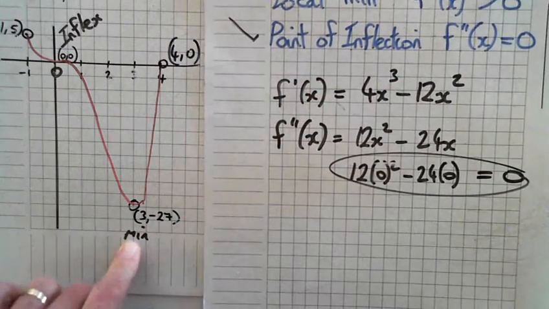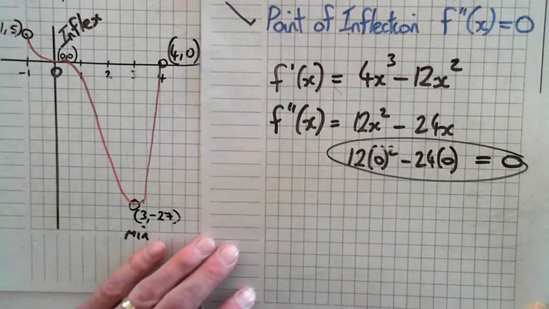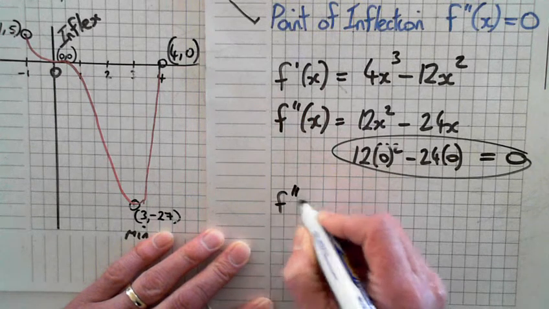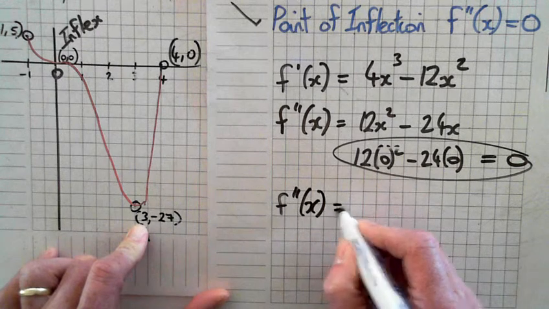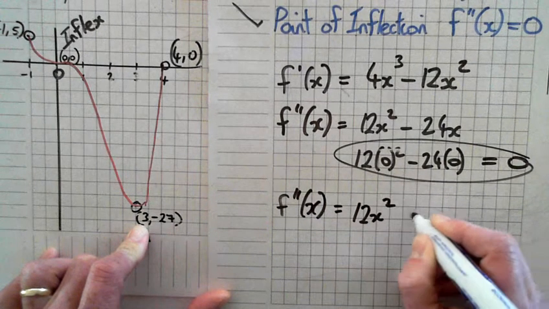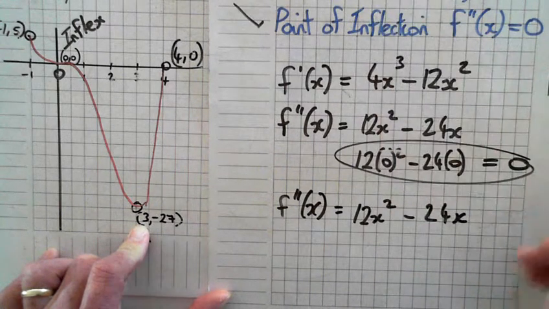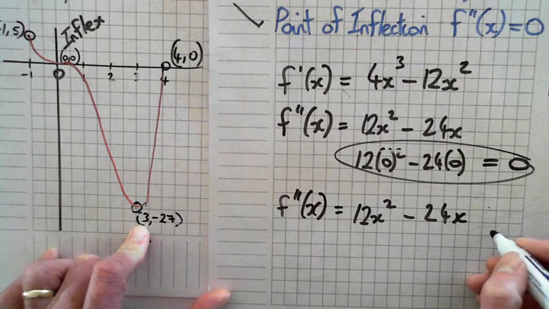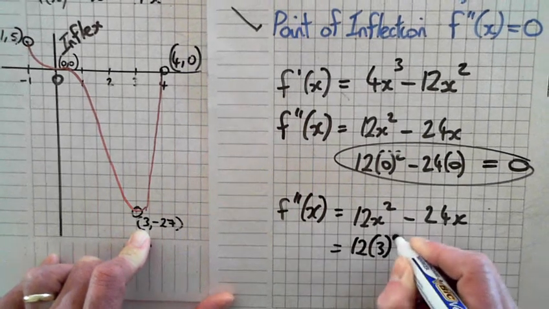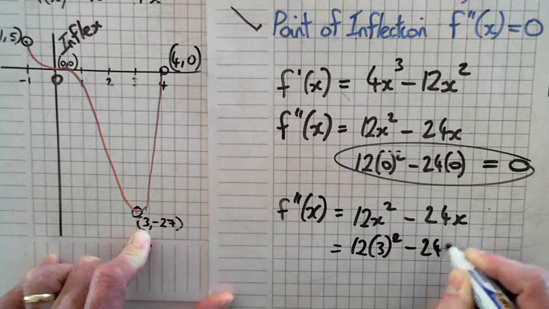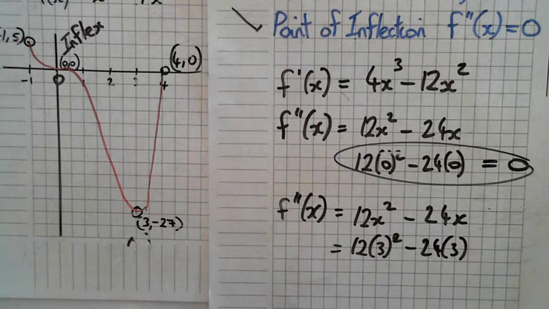Alright. Now use the second derivative again. Because it's a minimum, the answer we should get is greater than 0. So write down the second derivative again and use the second point. Put 3 in. Well, we know the answer already, but you won't know the answer when you're doing it. So you put in 12 times 3 squared minus 24 times 3. Just quickly in the calculator, would you just calculate that?